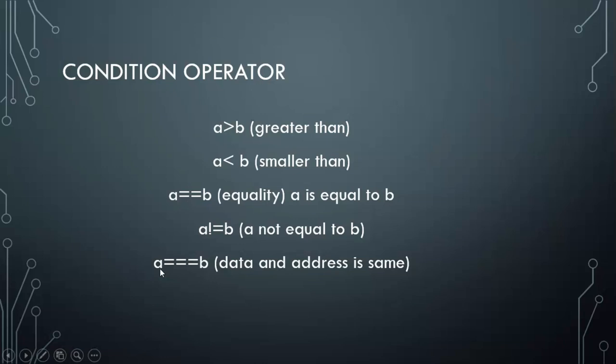This is, and last is a triple equal to b, which will return true if the data and the address is same for the variable, which means if the variable is checked by its own variable, then it will return true.